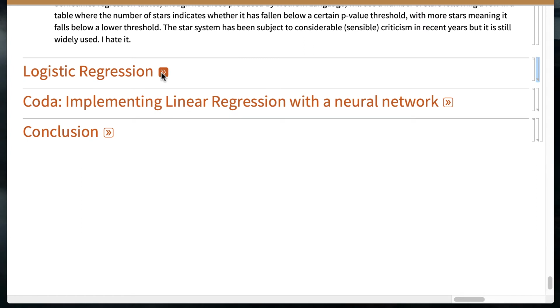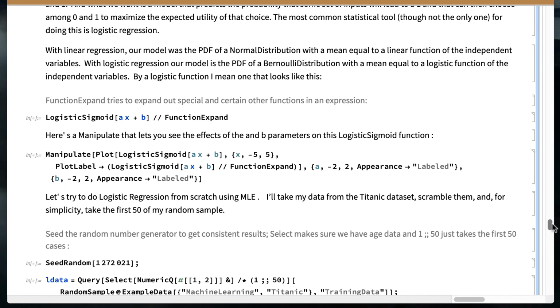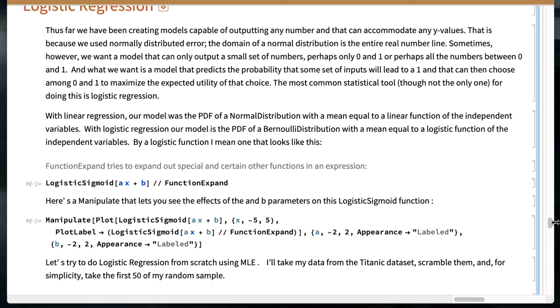So far, we've looked at linear regression. I now want to look at another form of regression called logistic regression. Now, when we did linear regression, the y value could basically be anything. And that meant that we could use normally distributed error because the domain of a normal distribution is the entire real number line, so that we could explain our result in terms of ax plus b plus some normally distributed error.